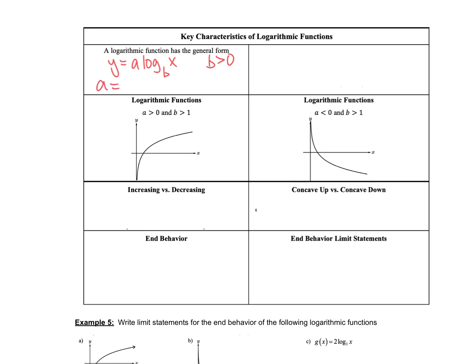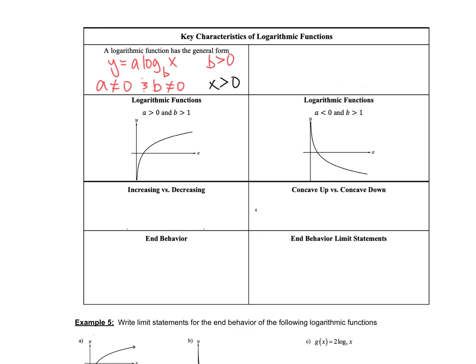My coefficient a can't equal 0, and my base can't equal 0. And then the last thing, x has to be greater than 0. There are a lot of rules when it comes to logarithms.